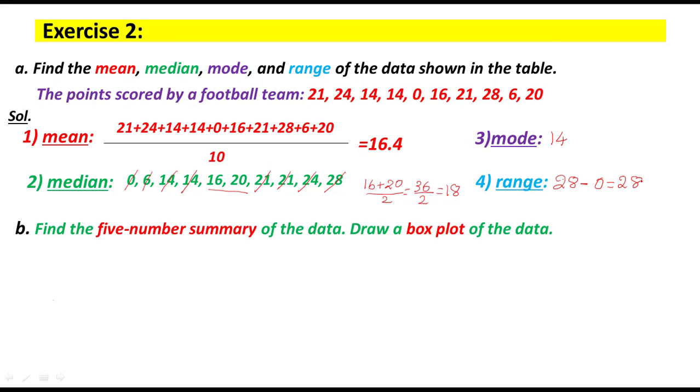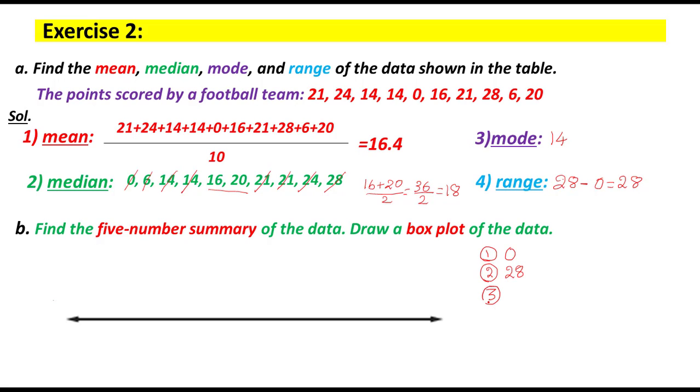Then find the 5 number summary of the data and draw a box plot of the data. Here is my number line. I need 5 pieces of information to draw this box plot. Number 1, the least number, which here is 0. Number 2, the greatest number, which here is 28.